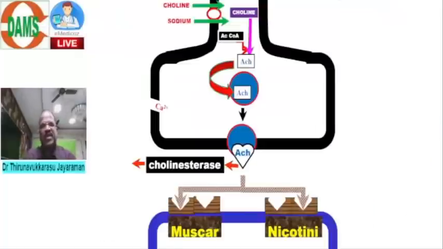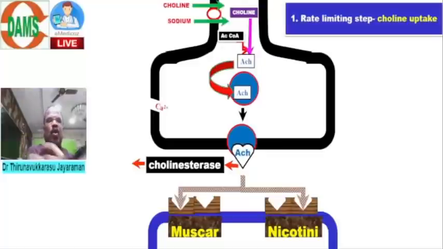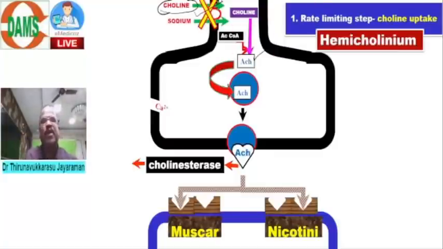Anyway, this is what we discuss in a regular class regarding synthesis, storage, release, and metabolism of acetylcholine. Look here. The choline uptake is the rate limiting step in the synthesis of acetylcholine. This can be blocked by hemicholinium.